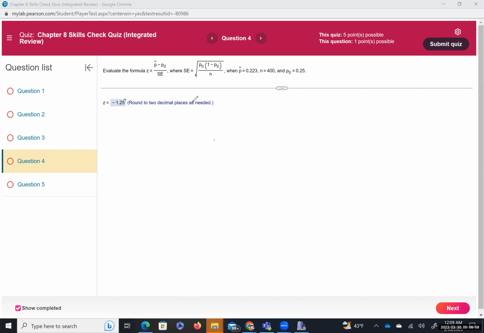So we have to find the standard error by the formula given there.